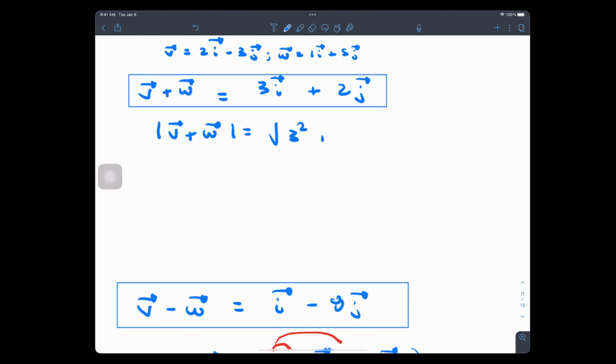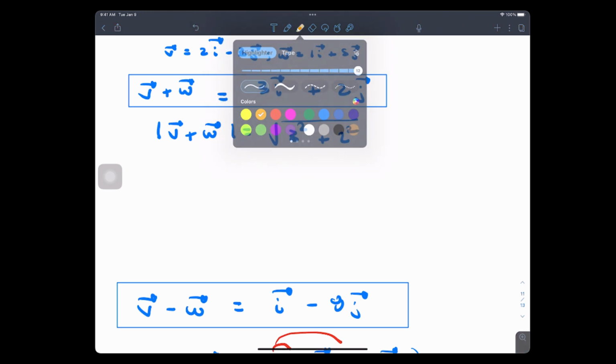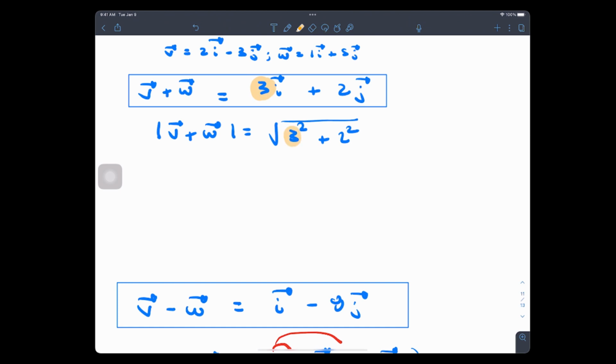It's the square root of 3 squared plus what? Square root of 2 squared? Is that true? You say, how do we know? Because we have the components. 3 squared. 2 squared. What's 9 plus 4? Is that the square root of 13?